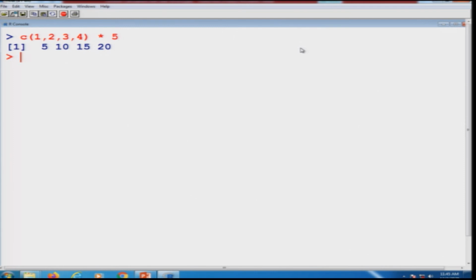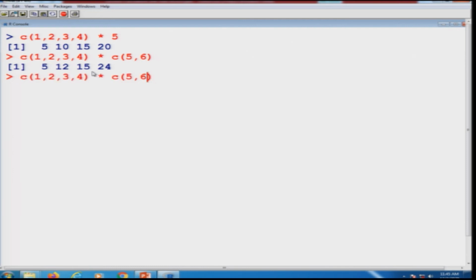And similarly, if you take two numbers, c(5, 6), in the second data vector, once again this 5 and 6 are going to be multiplied with the first two positions 1 and 2, and then once again this 5 and 6 are going to be multiplied with 3 and 4 respectively. So, you can see it is not difficult.